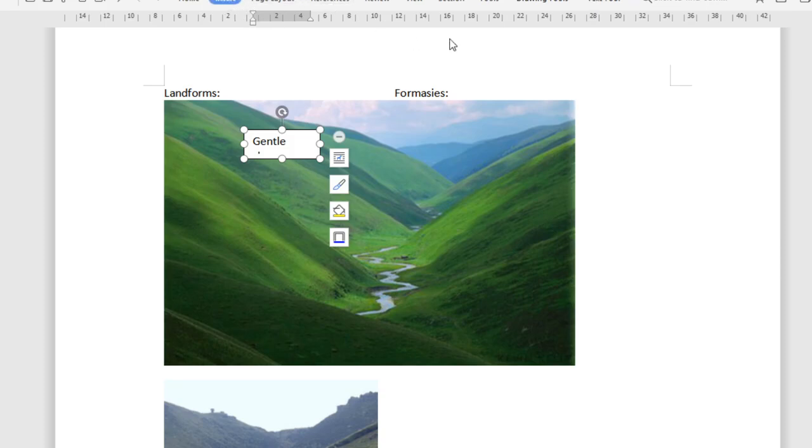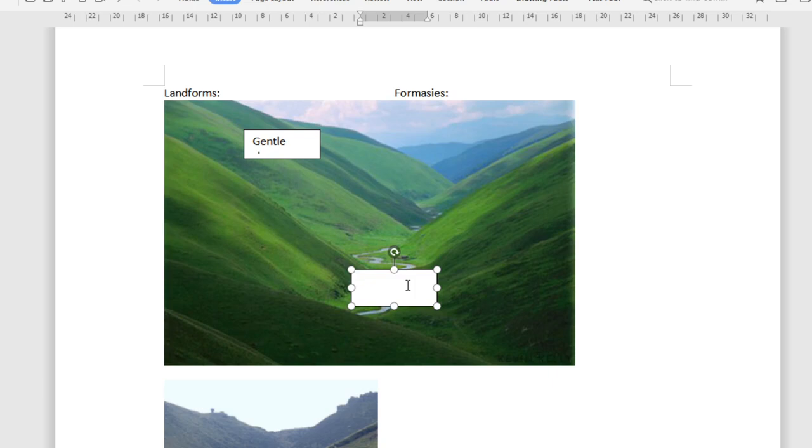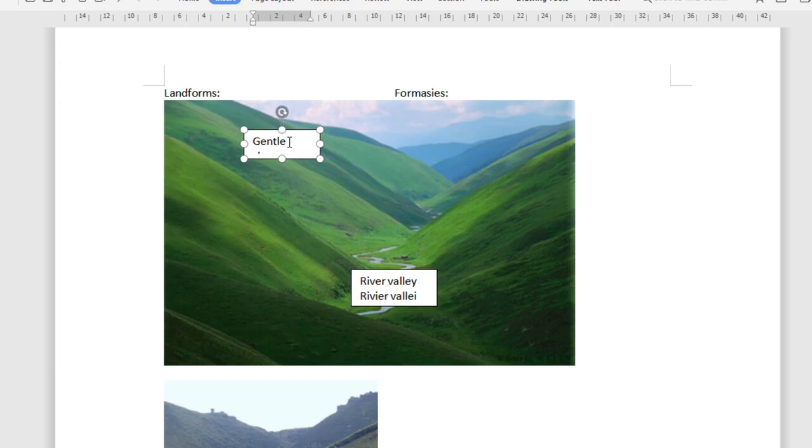Then over here, we've got the river valley. Okay, so dis die riviervallei. En hierdie is 'n geleidelike helling. Gentle slope.